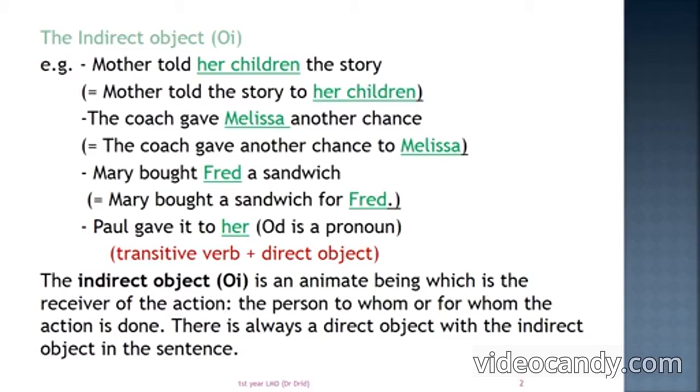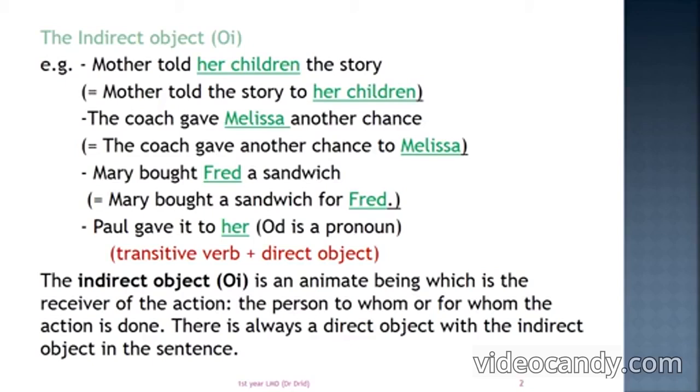We return. Mother told her children the story. The mother in this sentence told the story to someone. So the one who receives the action of telling the story is her children. This is called the indirect object. So we go to the definition.